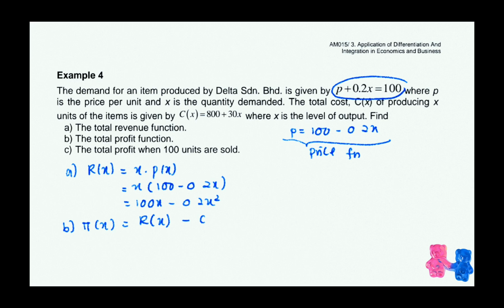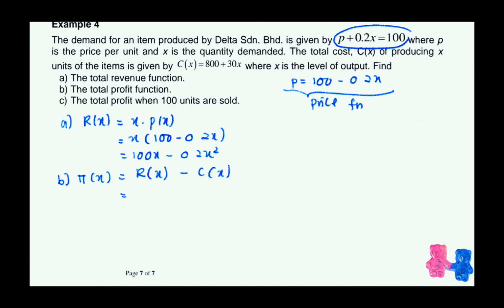For question B, the total profit function, the total profit pi of x is given by the revenue R of x minus the cost function. So what is our revenue function? The revenue function from question A is 100x minus 0.2x squared, minus the cost function 800 plus 30x.